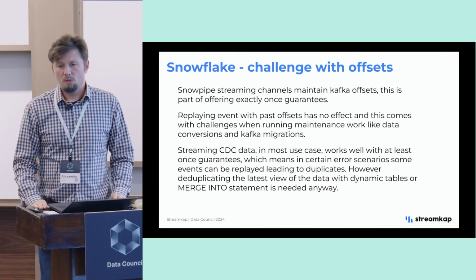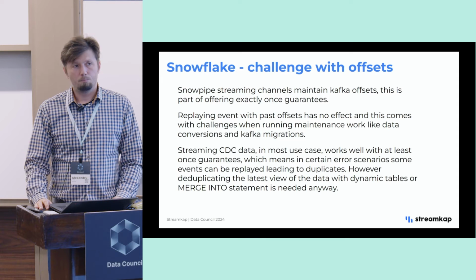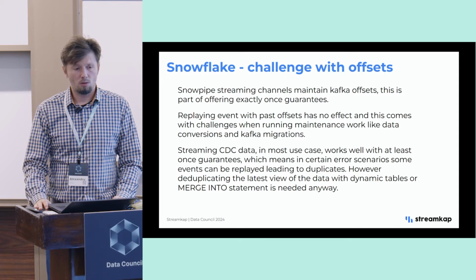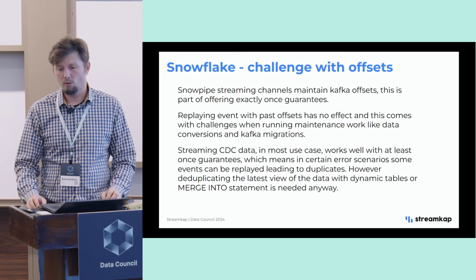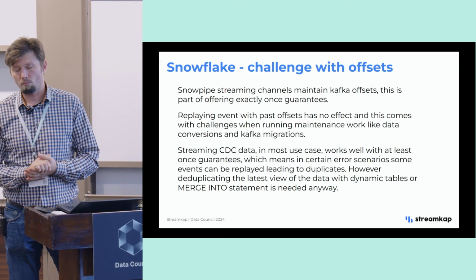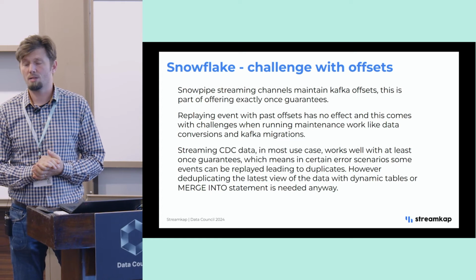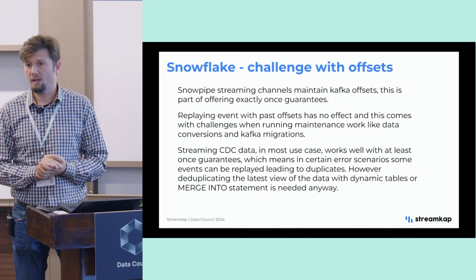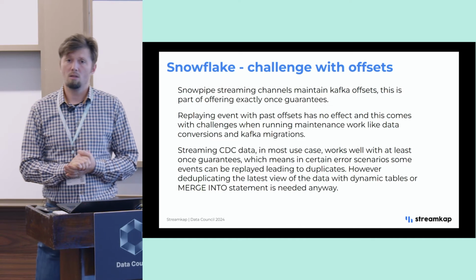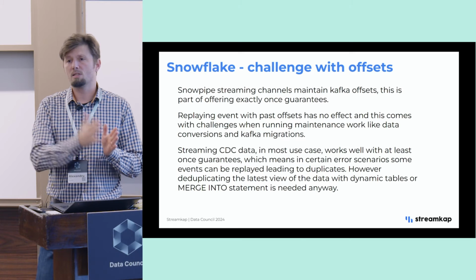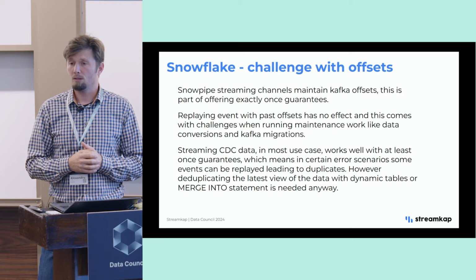Let's get into some, let's say, more technical challenges. So Snowpipe streaming, in order to ensure exactly once delivery guarantees, maintains the Kafka offsets inside the Snowpipe channels.